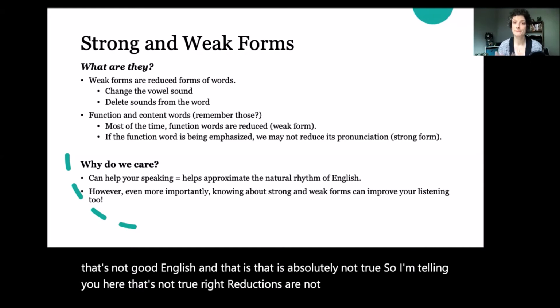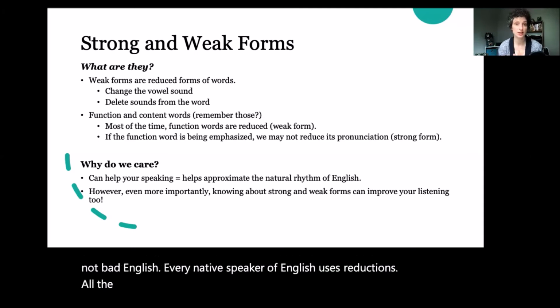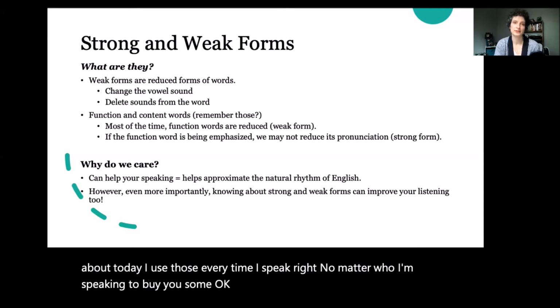They are not bad English. Every native speaker of English uses reductions all the time in all contexts. All the reductions that we're going to talk about today, I use those every time I speak, no matter who I'm speaking to. So don't feel like you can't use them.